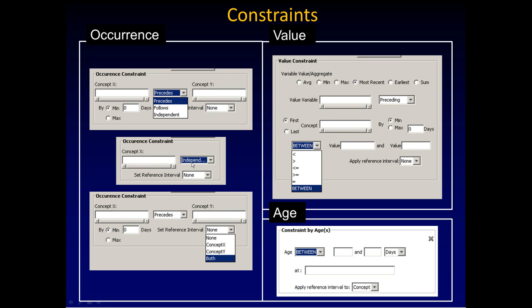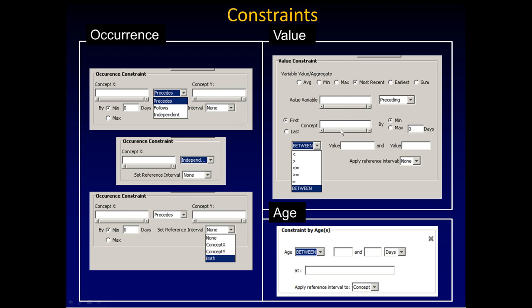And then equally important, those concepts, one or both, or none, can be required to be in relationship to the reference interval, which is specified later, but is usually a month or a year. So this is an occurrence constraint, gives users this range of options to choose.